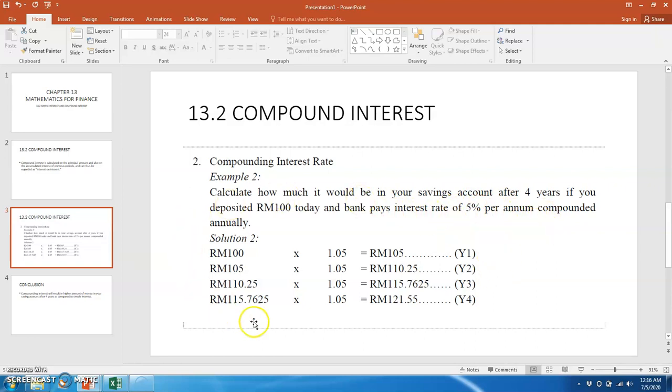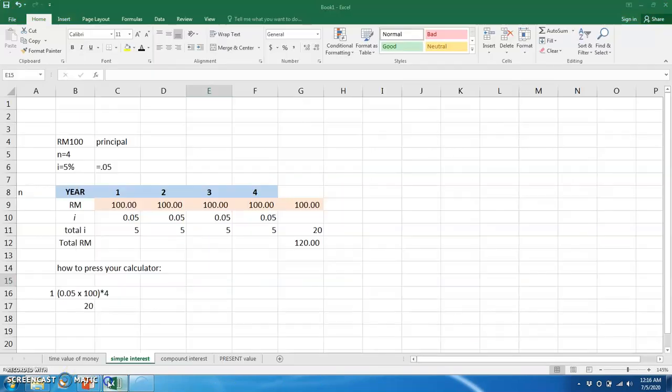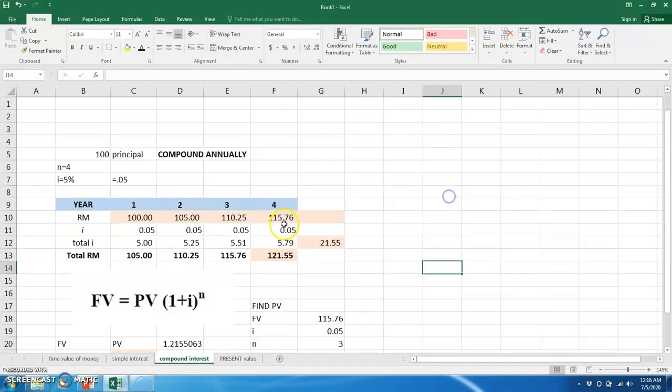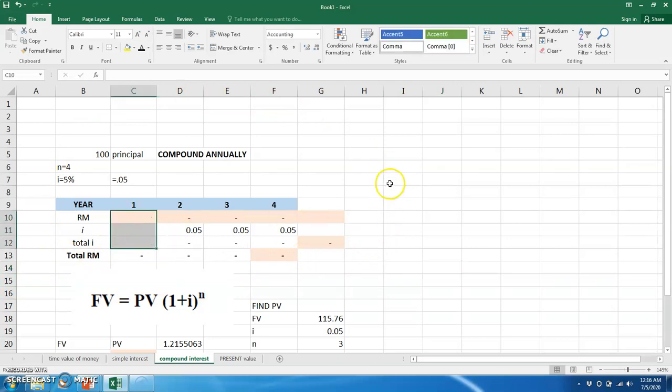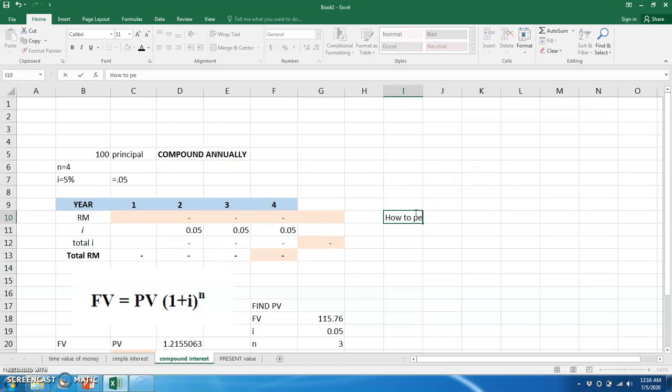This is a calculation given in the textbook, but I would like to show you how to do it here. Wow, it is a big word here. So now I don't want you to focus on this, just focus on this only. I'll teach you how to press your calculator.